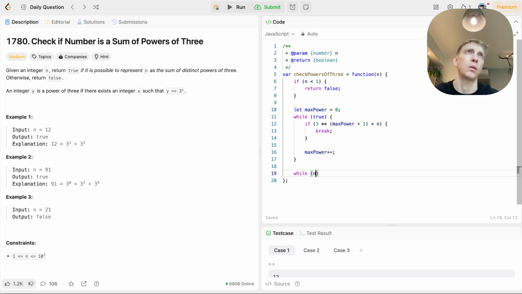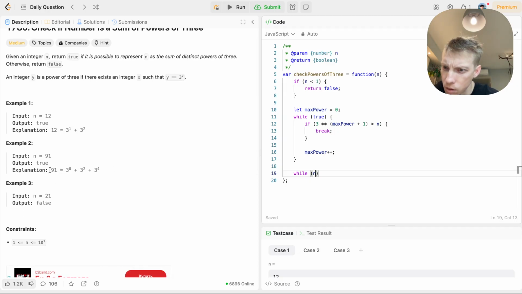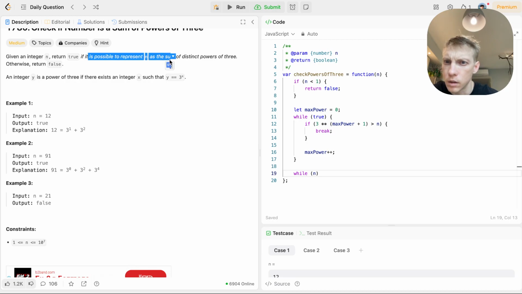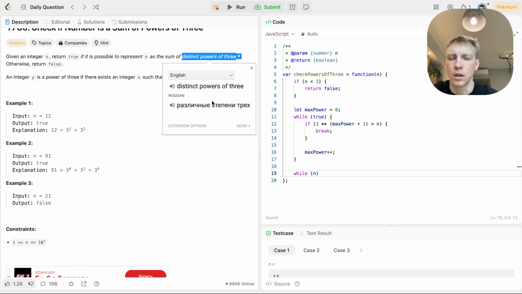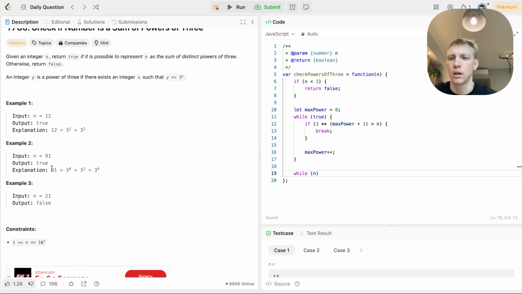Subtracting 3, we get 2.5. Then, distinct powers. Yes. We cannot just make different sums with 0.